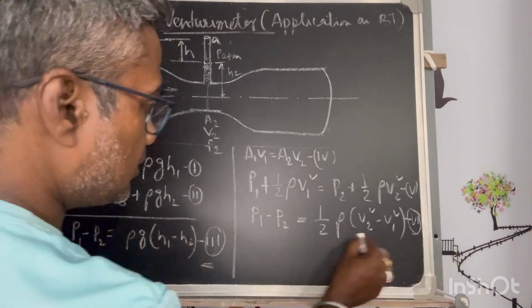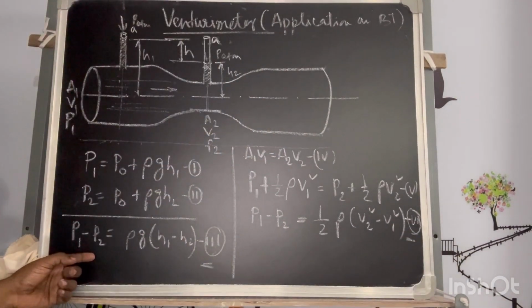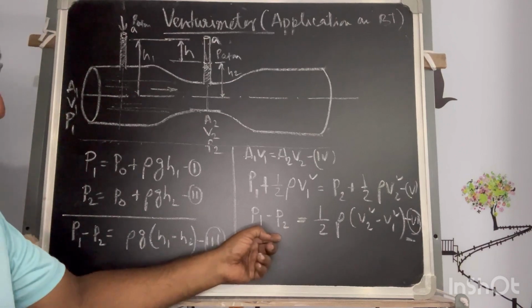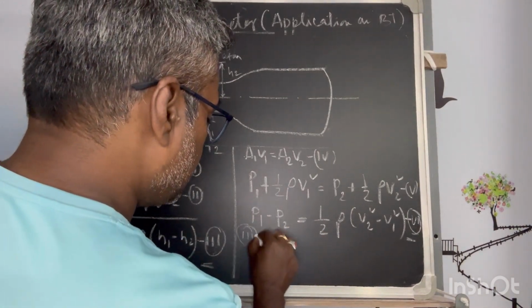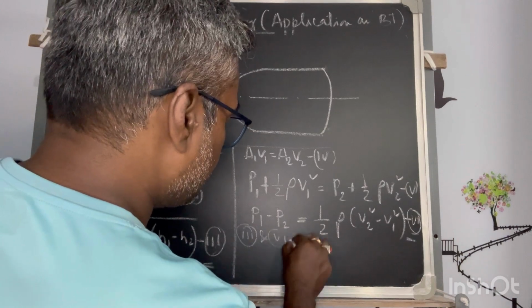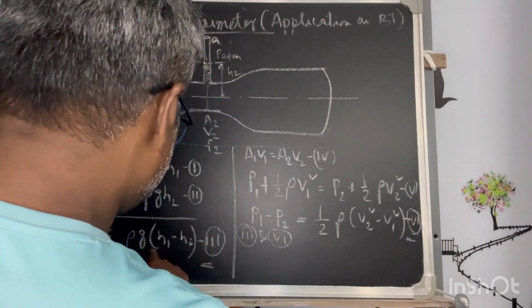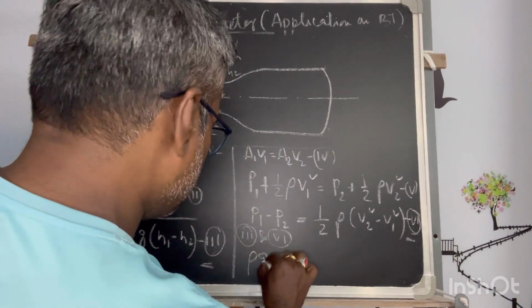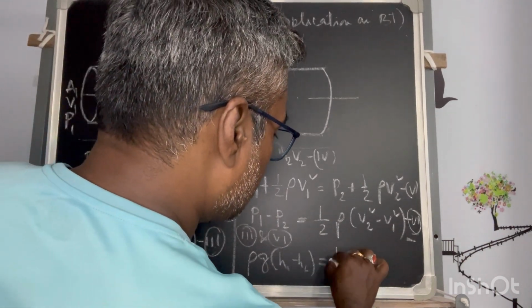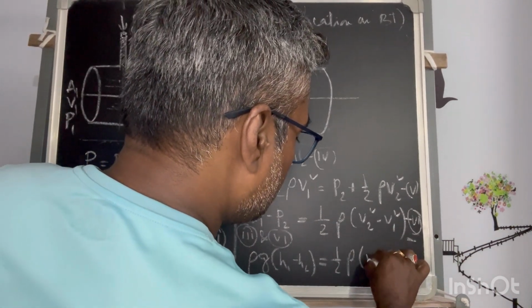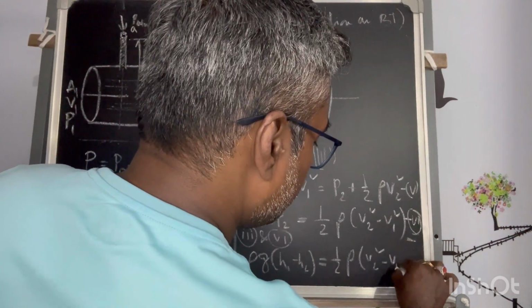Now this and this, if we equalize, P1 minus P2 is this one, P1 minus P2 is this one. Now equalizing 3 and 6, what will you get? rho g into H1 minus H2 is equal to half rho into V2 square minus V1 square.